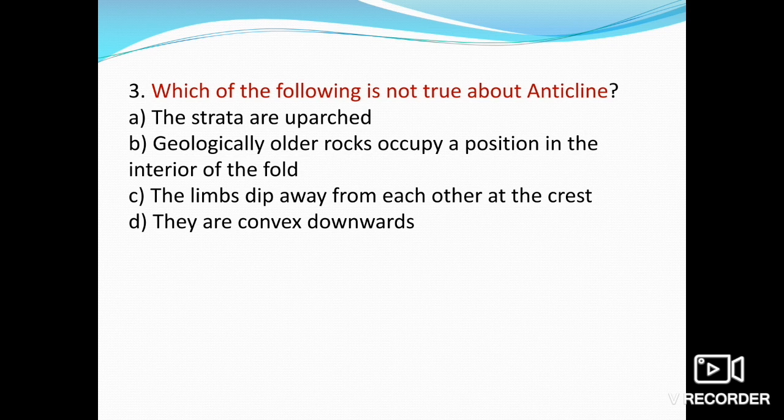So we all know that in anticline the strata are up arced, and geologically older rocks or older beds occupy the position in the interior of the fold, and the limbs dip away from each other at the crest. But the fourth one, that they are convex downwards, this one is wrong.